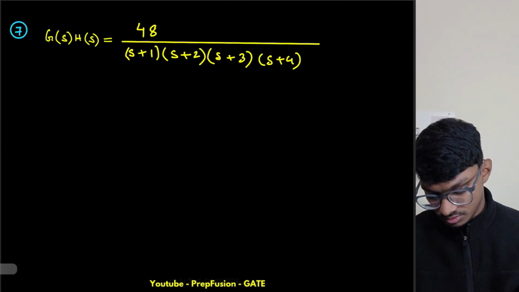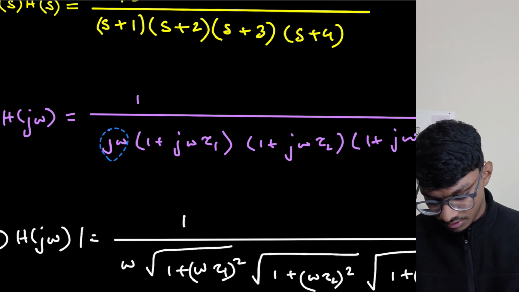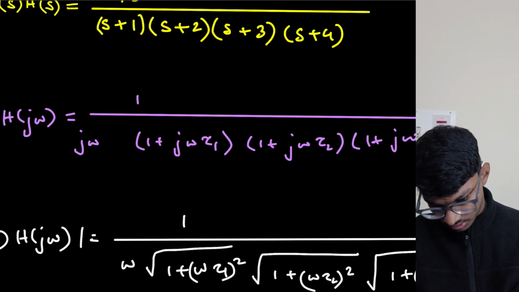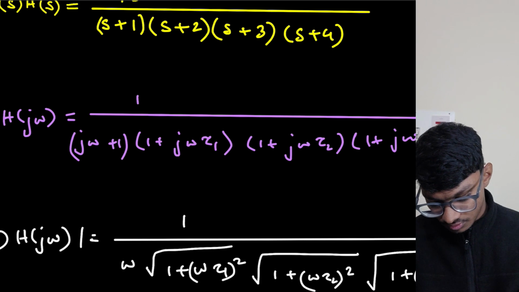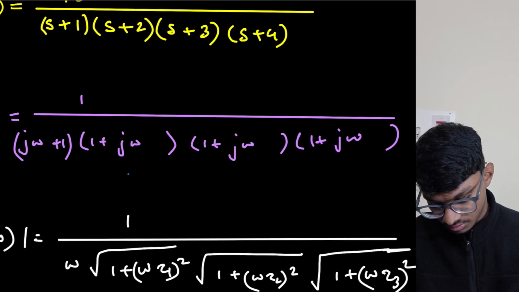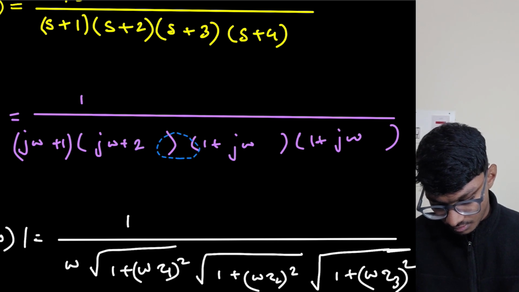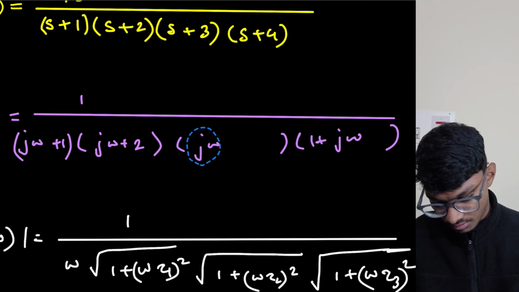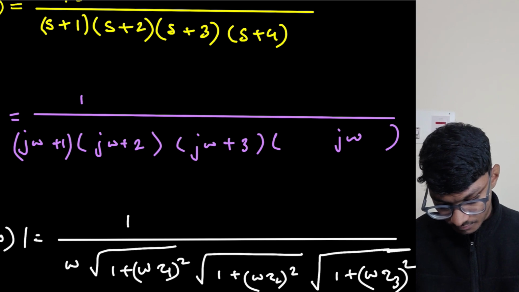Okay, did it get pasted or not? Yeah. So here I have g omega plus 1, so I will replace this one with g omega plus 1, and this one will be g omega plus 2, this one will be g omega plus 3, and this one will be g omega plus 4.